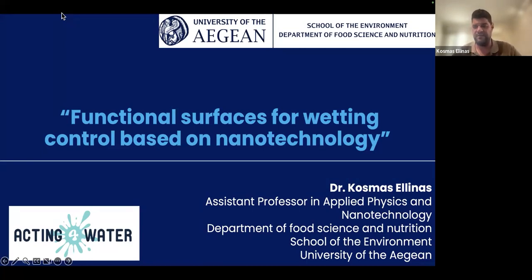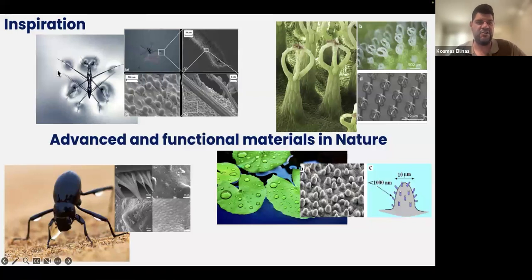So let me pass to the next. So the inspiration in all this came from nature, as in many other things. Here I have some representative examples of insects, animals, or plants that incorporate this kind of micro and nanotechnology.